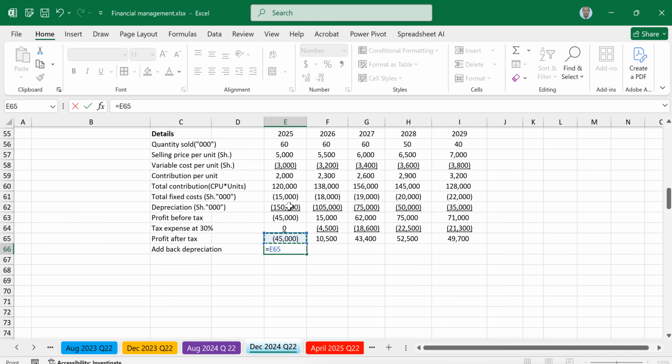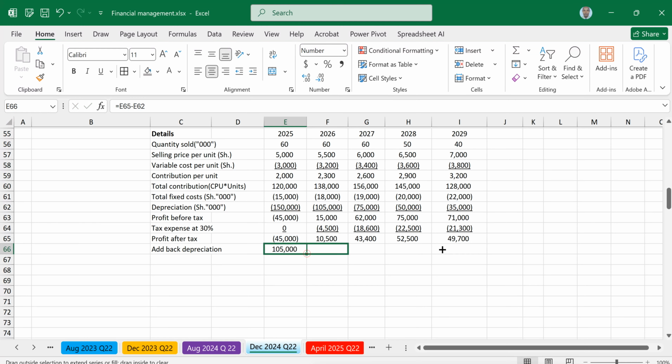Yes, we less with this, so that we can add back depreciation. Is that correct? You less, because the negative will cancel the other negative, and therefore you are adding. 105. So on the add back depreciation, then drag across.